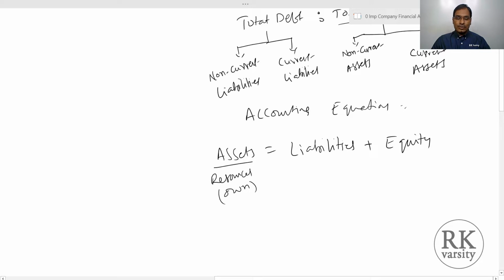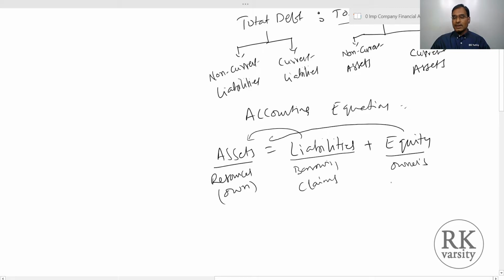These resources are mobilized through liabilities, which are the borrowings, and the owners of liabilities have a claim on the assets, and the remaining part of the assets is mobilized in the form of equity. This is owner's equity, and owners have rights on properties.